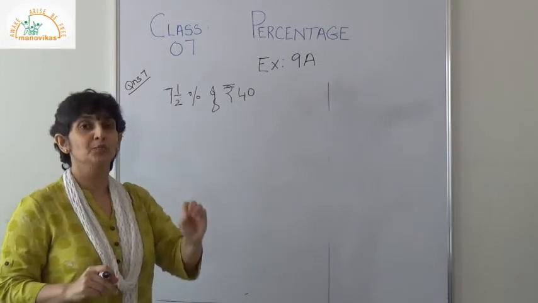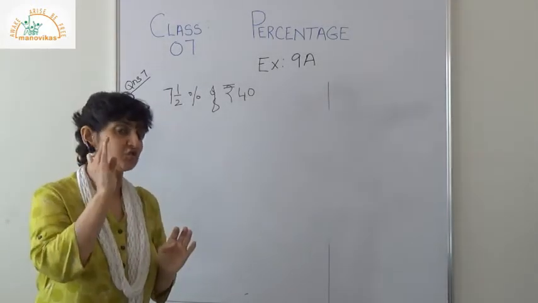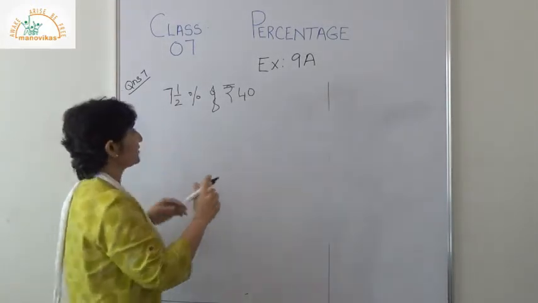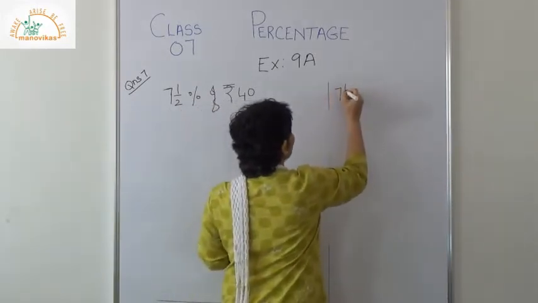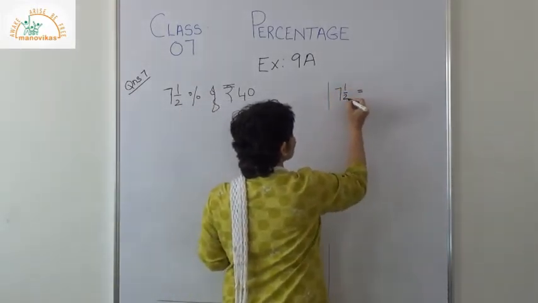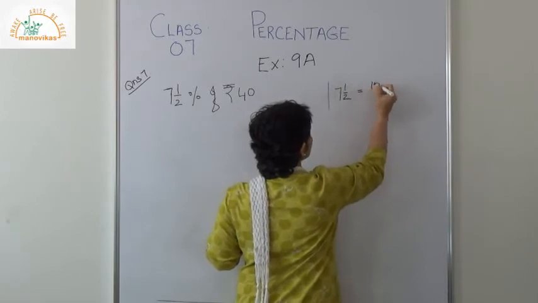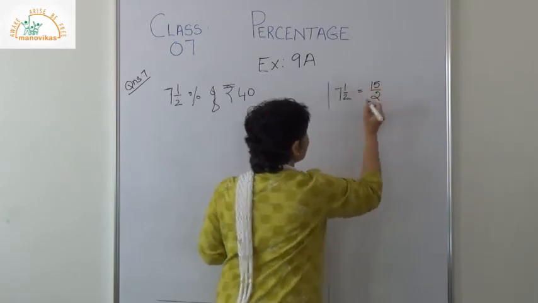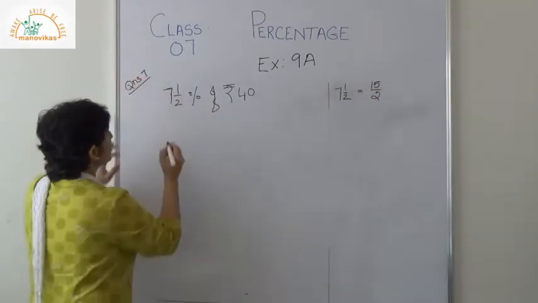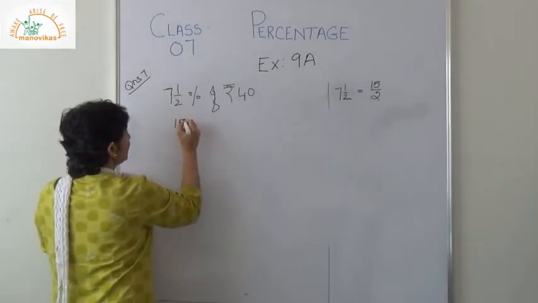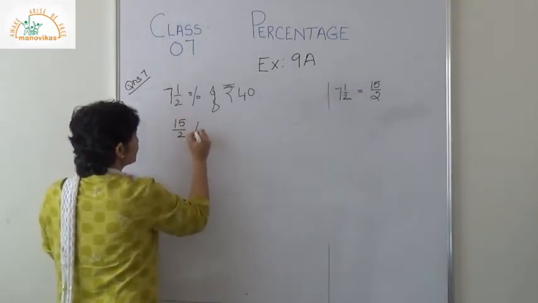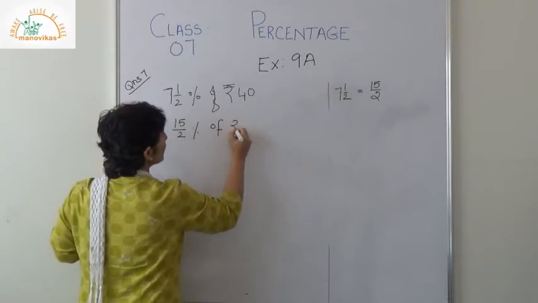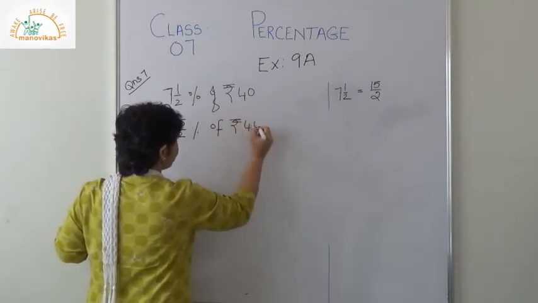7.5% of rupees 40. Let's do it step by step. First thing, 7.5. When I convert, 2 7s are 14. This gives me 15 upon 2. Isn't it? So this is 15 upon 2% of rupees 40.